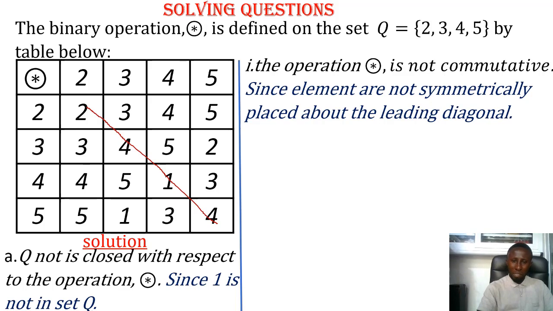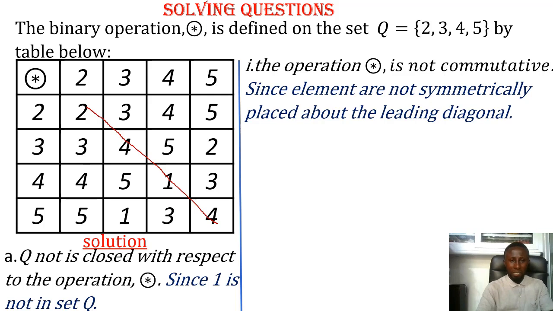We have 3, 4, 5. Here we have 3, 1, 5. We have 4, 5, and here 5, 2. They are not the same.